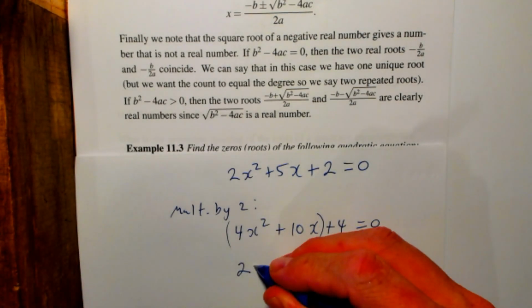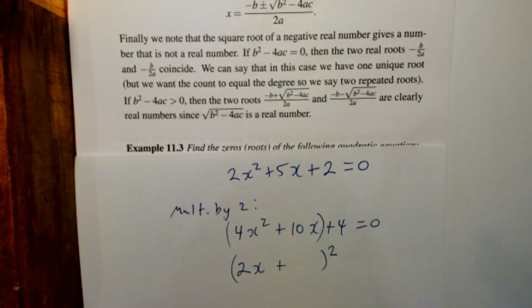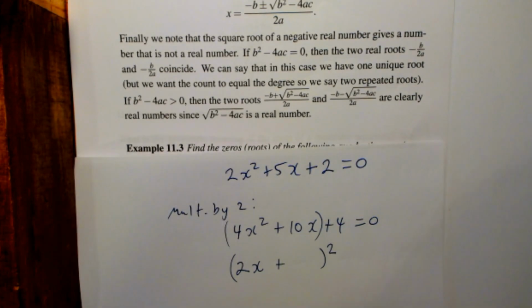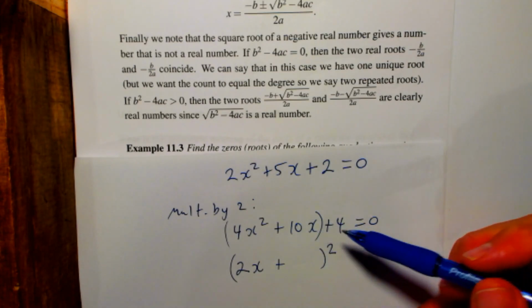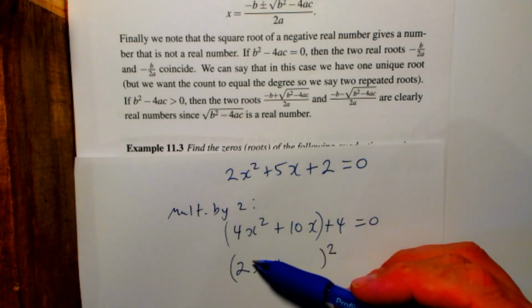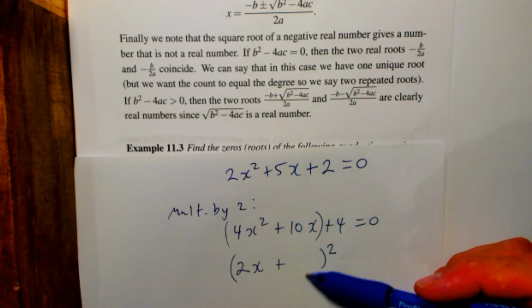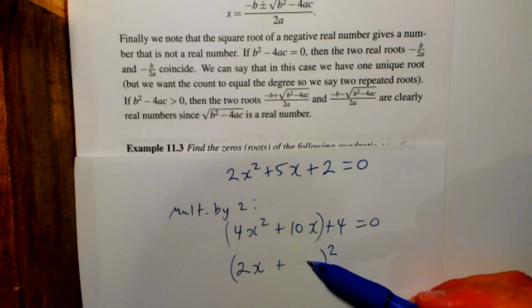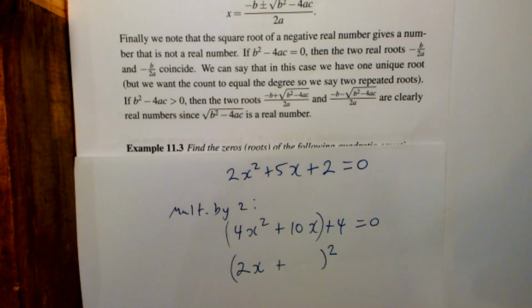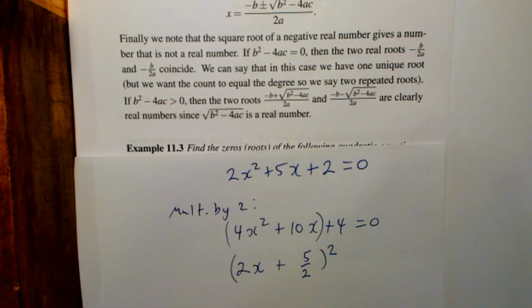I need 2x plus something all squared. Now what is that something I need? Well, when I square this, I get a 2 times something times 2 because I'm squaring, so that generates 2 of them. So 4 times something gives me 10, so 10 over 4, which is 5 over 2.